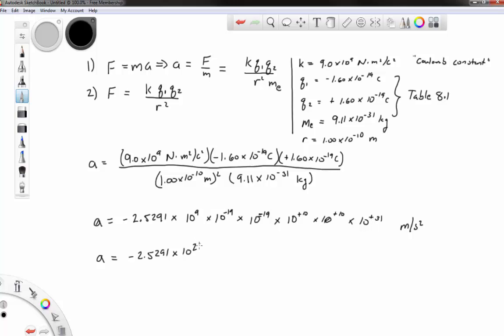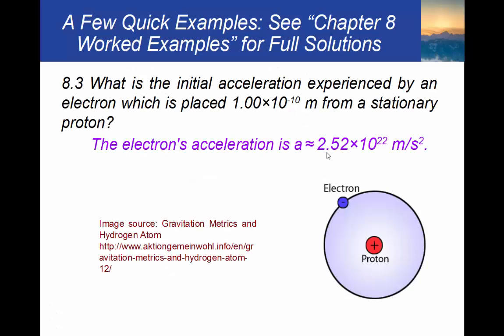So big acceleration, meters per second squared. That is the acceleration of an electron, which is initially stationary, towards a proton which is placed 1 times 10 to the minus 10 meters away. So yeah, pretty big acceleration. If you just wanted the magnitude, you can drop that minus sign. Again, the minus sign just tells you that the electron accelerates towards the proton.